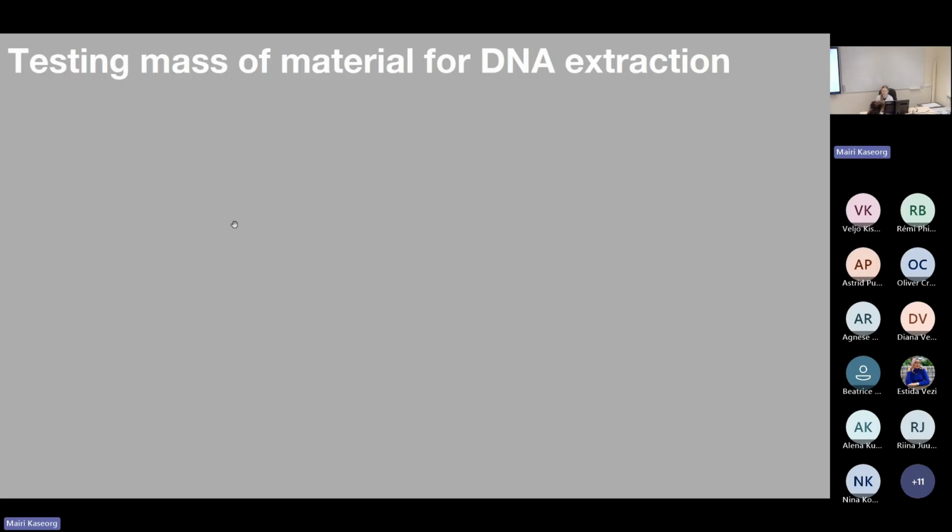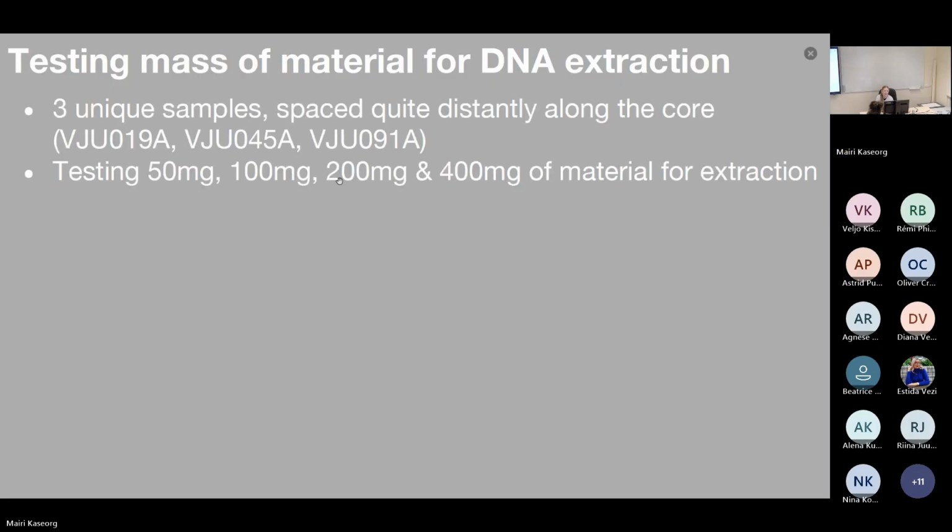But because we are using tubes and certain amounts of buffer, there is a limit to how much soil we can squeeze in there. So we started with 3 samples from different parts of the core, so from different times, and we tested 4 different amounts of extracted material.